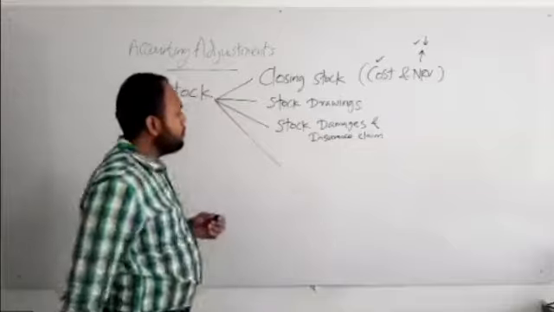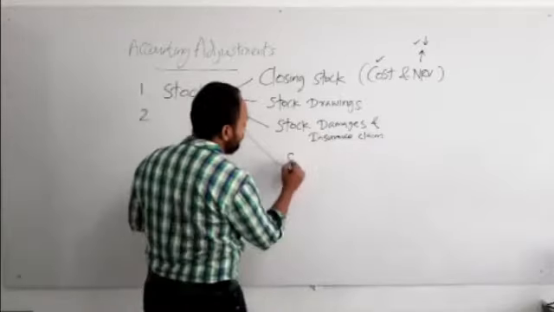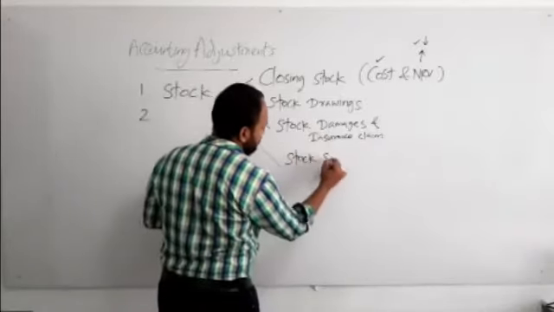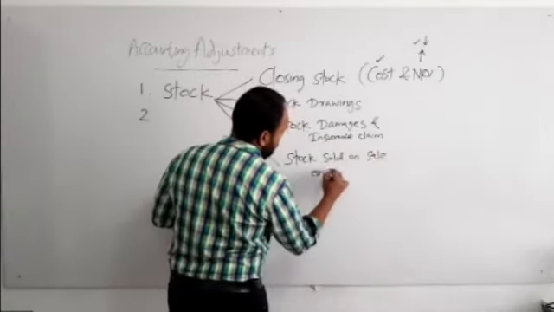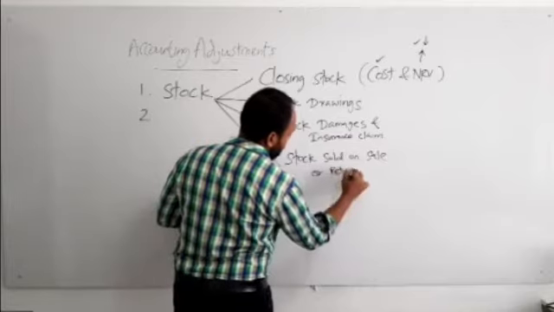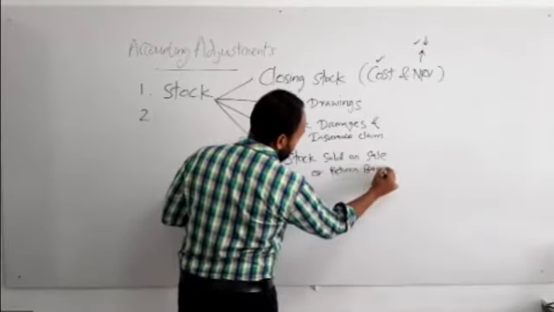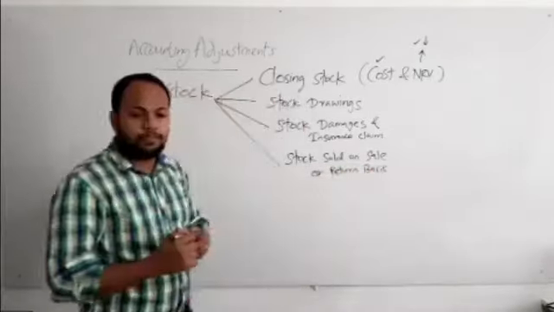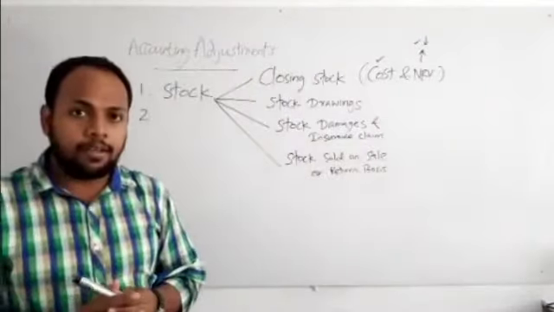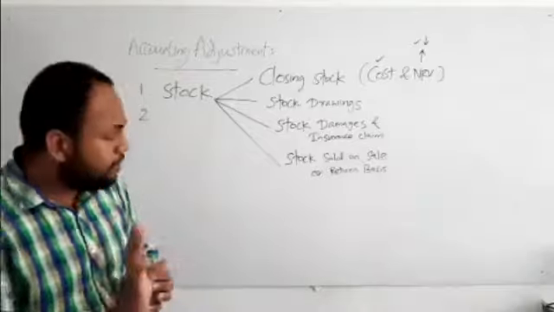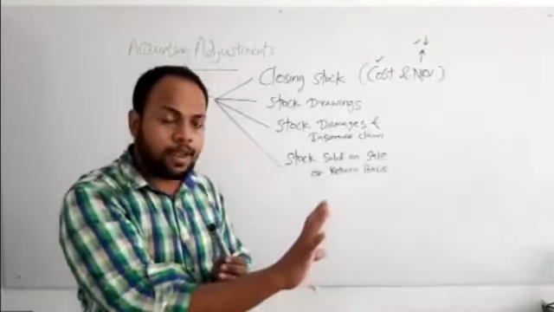And one more. Stock sold on sale or return basis. We are selling stock on sale or return basis. That means we are selling the stock, right?